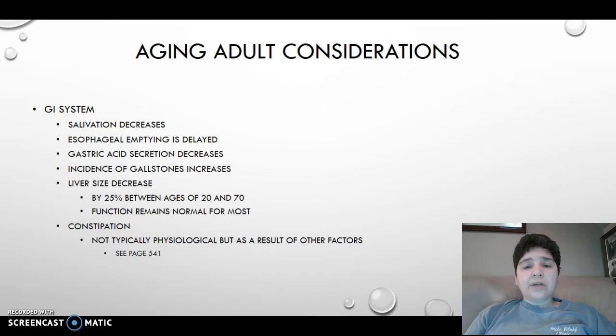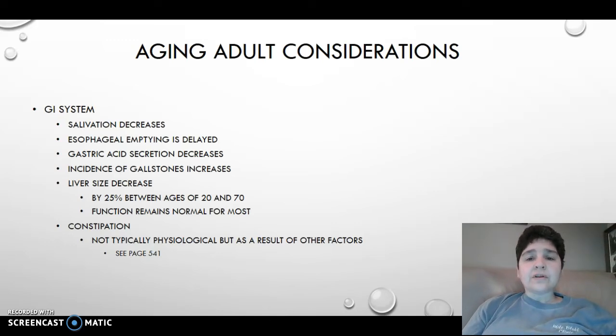So we don't have as good of a breakdown of food. And when we talk about saliva specifically, we know that saliva helps to break down those carbohydrates right away. So carbohydrates aren't metabolized quite as well. And we know that that can lead to extra calories, which can lead to some of that excess fat as well.